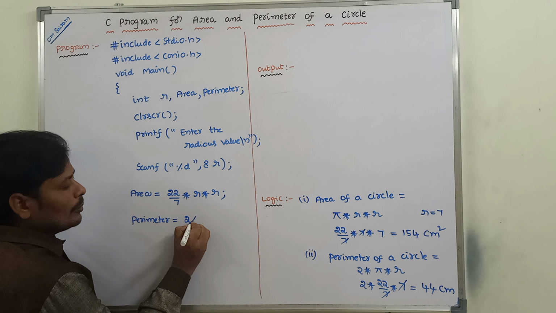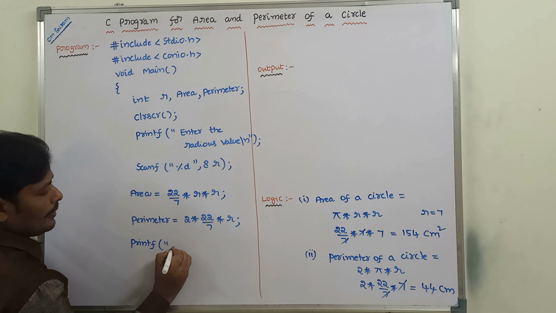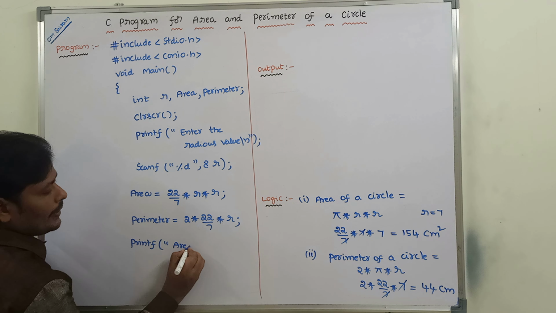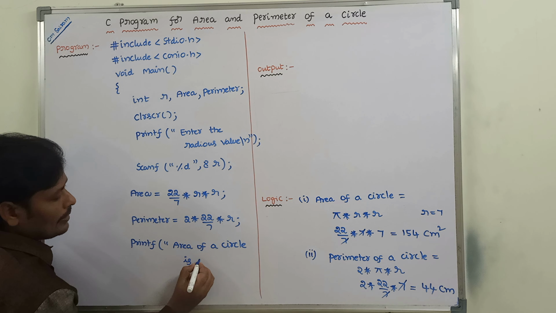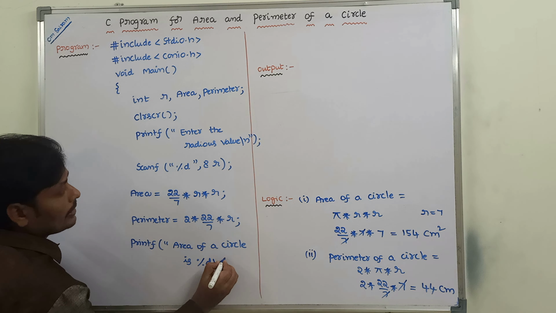Once we have calculated the area and perimeter of the circle, we have to print those values. So printf area of a circle is %d slash n in double quotes, comma area.